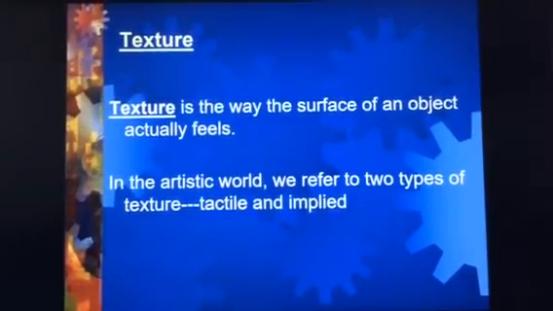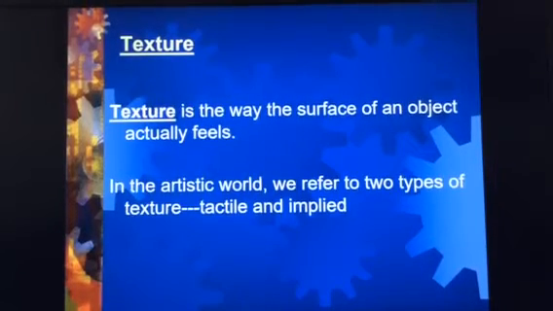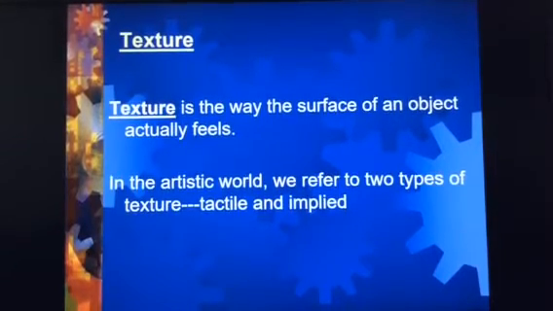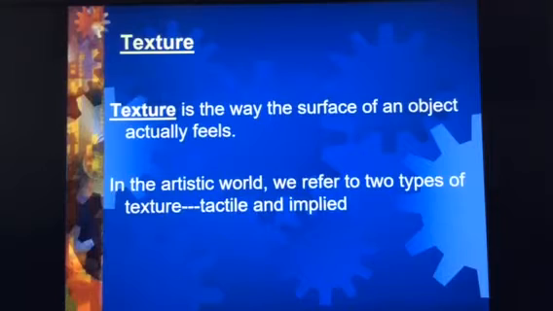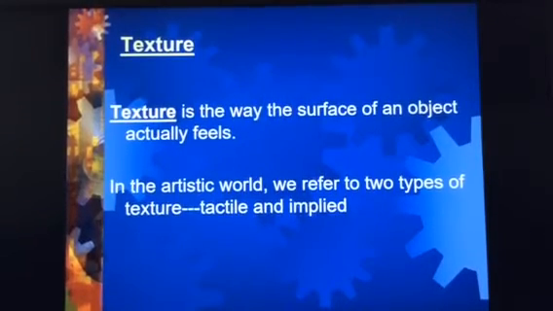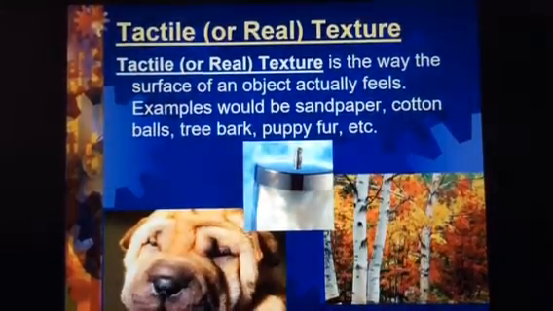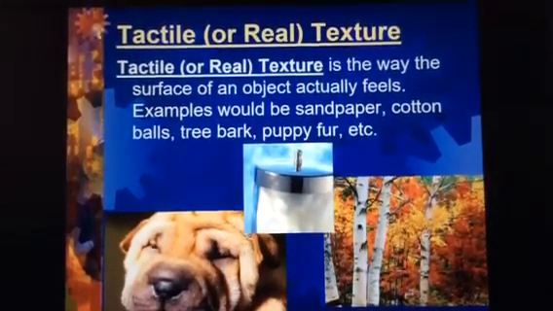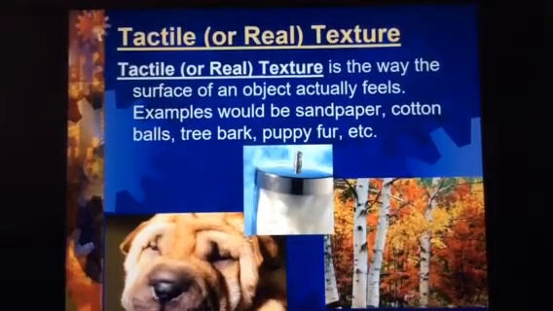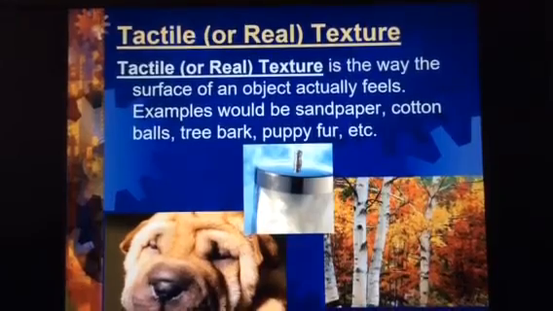Texture. Texture is the way a surface of an object actually feels. In the artist world, we refer to 2 types of texture, tactile and implied. Tactile, or real texture, is the way an object actually feels, like sandpaper, cotton, tree bark, puppy fur.